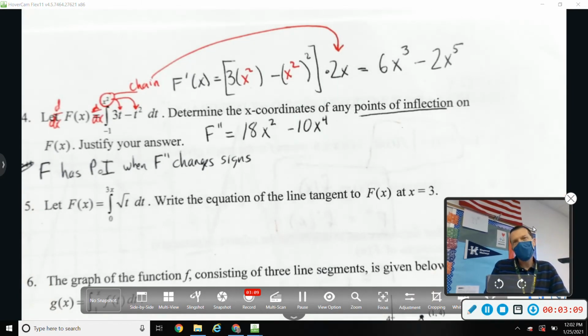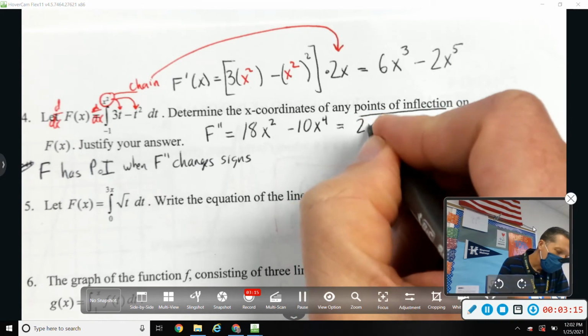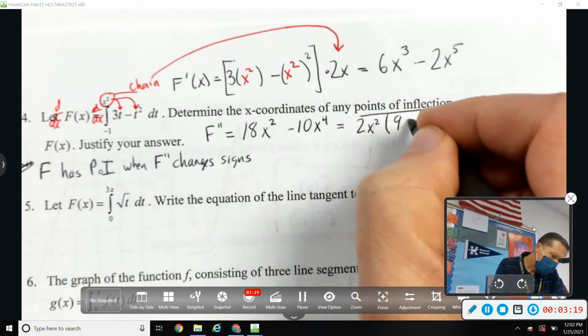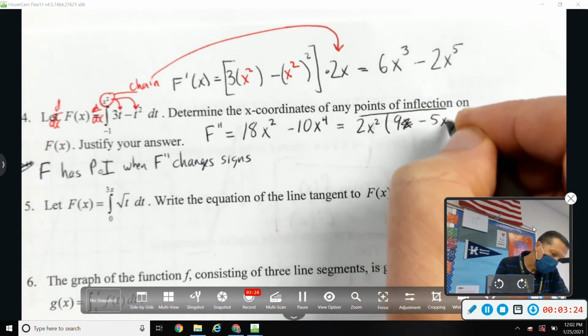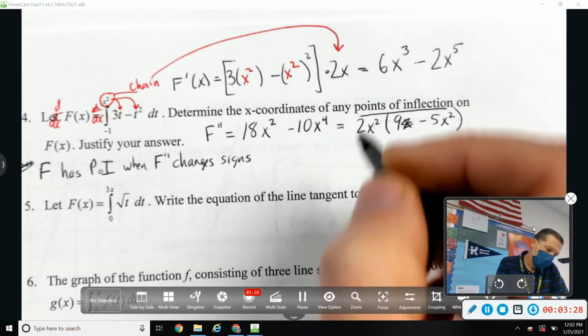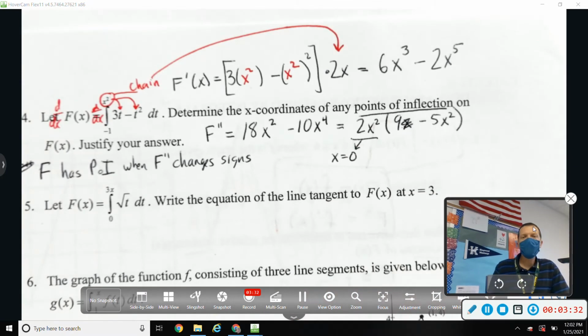Maybe put them on the number line and check the plus minus to see where things change. So I'm going to factor out a 2x squared. That would get me 9 minus 5x squared. So that one's going to lead to x equals 0.